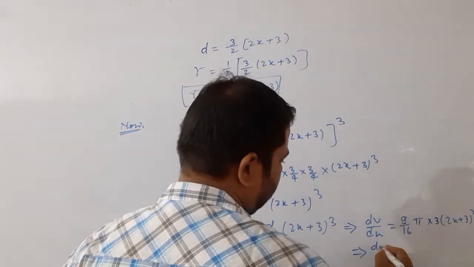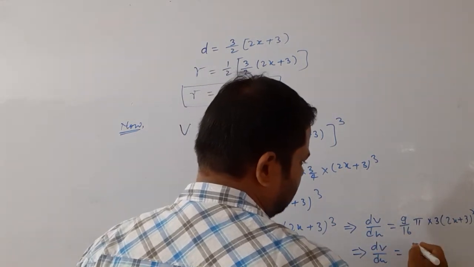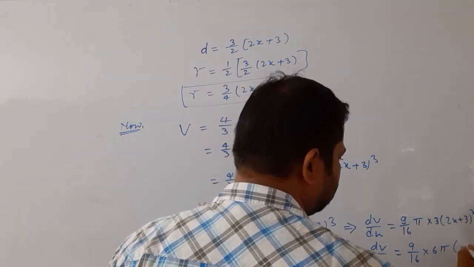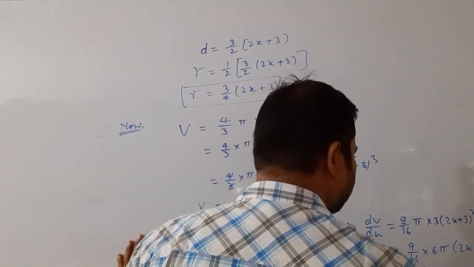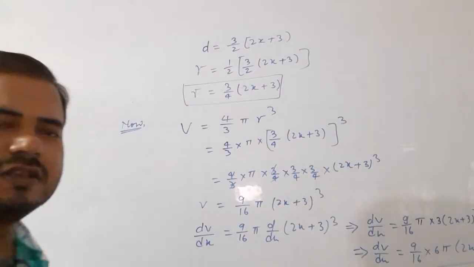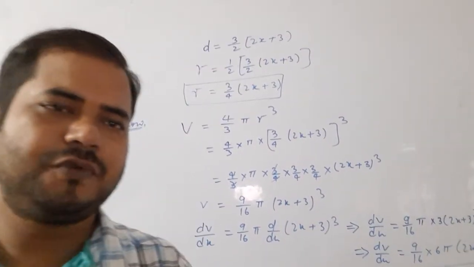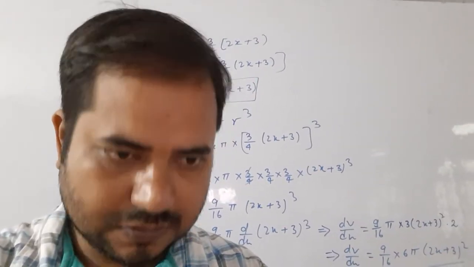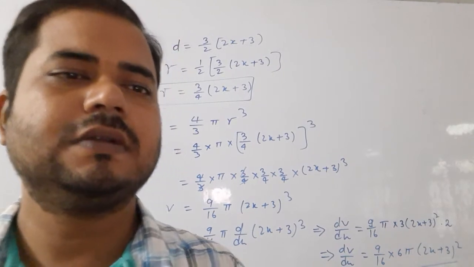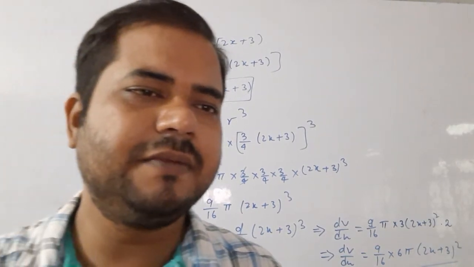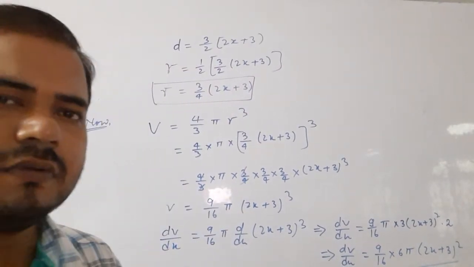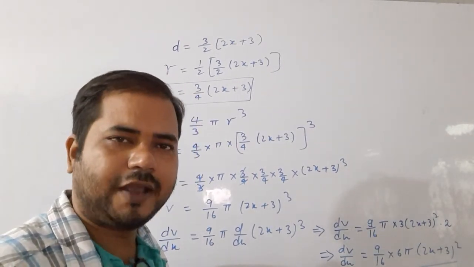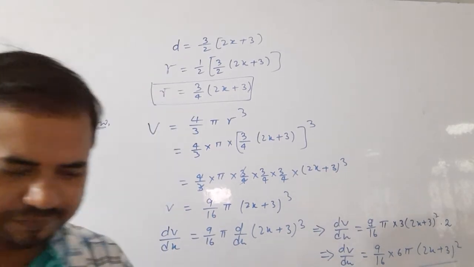So dV by dx is 9 by 16 into 6 pi (2x plus 3) whole square. This is the answer. Okay. If you are not able to see, please see and just rotate. Yes, see, dV by dx is 9 by 16 into 6 pi into (2x plus 3) whole square. Okay, so note it down.